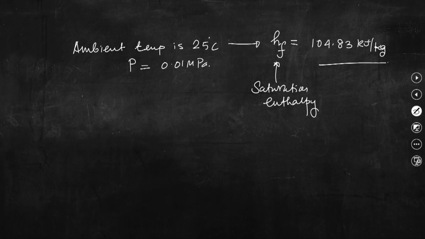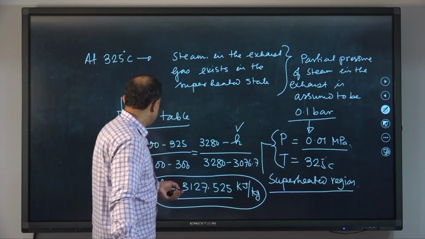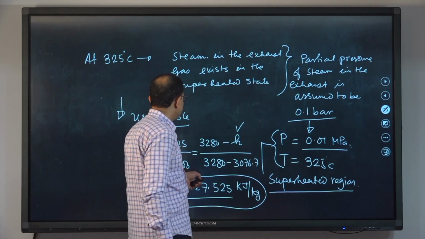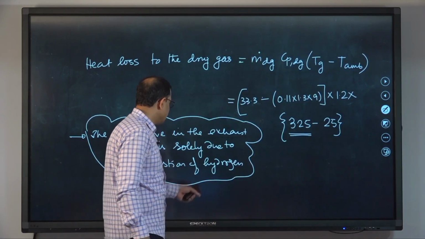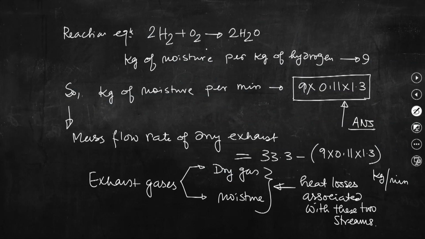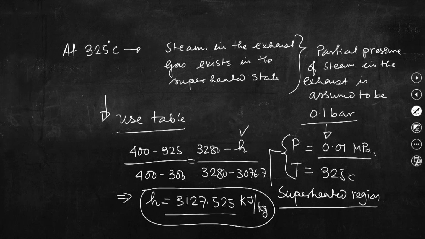This is the saturation enthalpy corresponding to 25 degrees Celsius, which again we get from the steam table. Now, we could calculate the enthalpy of the steam which will be in the superheated state, because here we wanted the heat losses associated with these two streams. We have the enthalpy of the moisture in the superheated state with the exhaust gas, and the saturation enthalpy corresponding to 25 degrees Celsius at the surroundings.